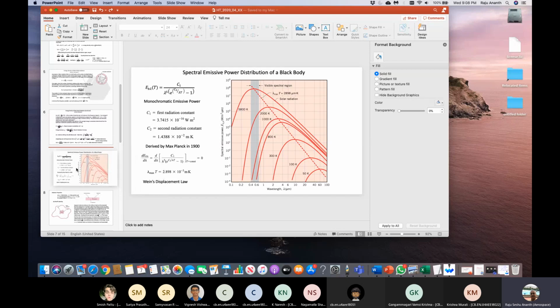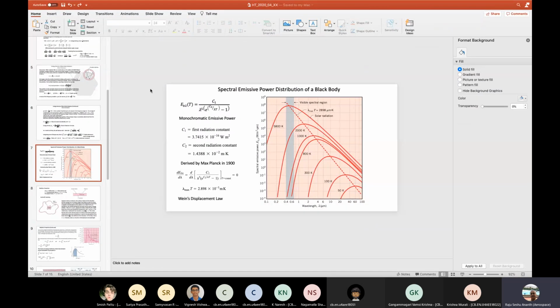What's happening here? Okay, so we can convert that. Remember we just integrated that, but if I just got the distribution of the energy, you can relate that per a particular lambda at a particular temperature. So this is nothing but the monochromatic spectral emission at a particular lambda.